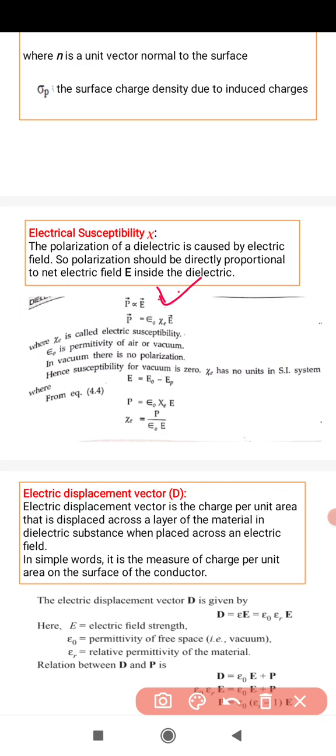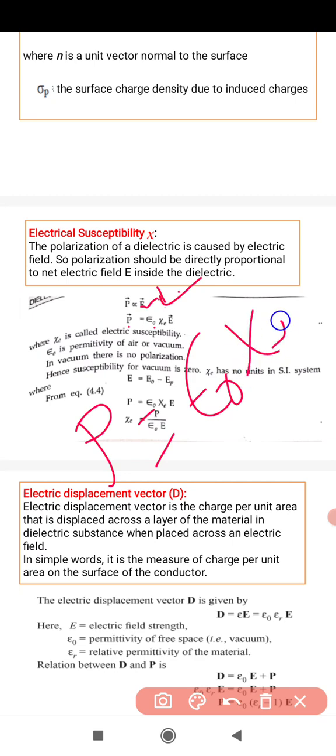Removing the proportionality by adding the constant term, P is equal to epsilon naught chi E into the resultant electric field. Here epsilon naught is the permittivity of air or vacuum, and chi E is the proportionality constant, known as the electric susceptibility.